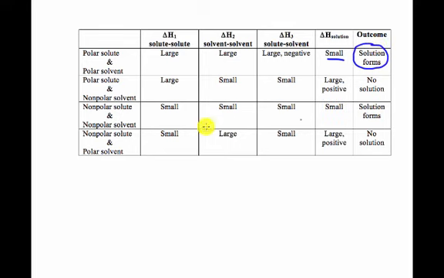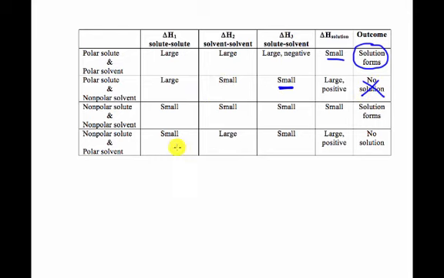Now if I look at the polar solute and a nonpolar solvent, then the attraction force in the solute is large, the solvent is relatively small, and the solute-solvent tends to be very small as well. And what you have is a very large positive value for your change in solution because this isn't overriding these two forces. So therefore, no solution forms.